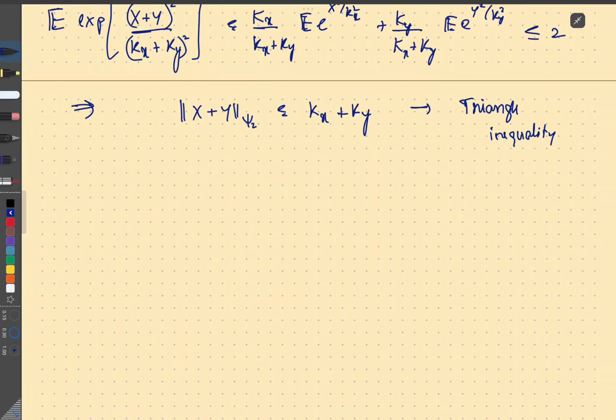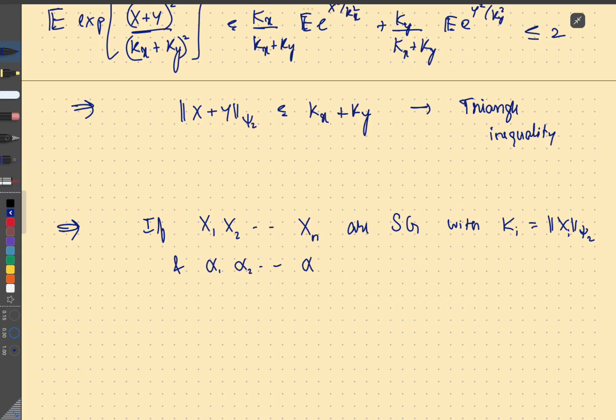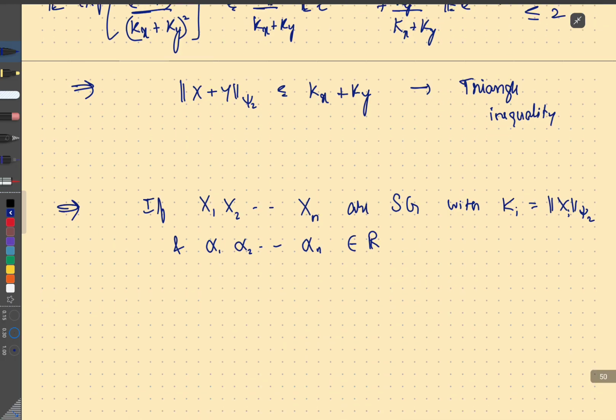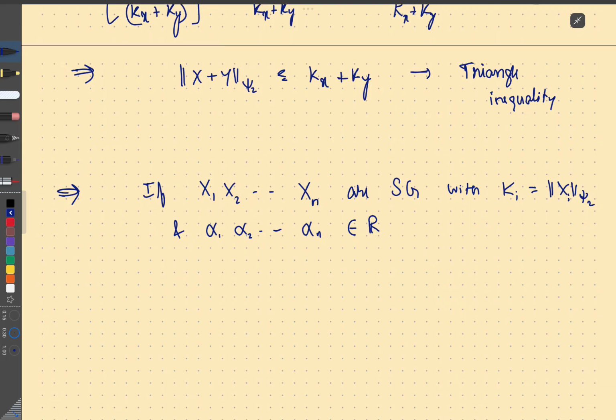So if you combine all of these, then if x1, x2 up to xn are Subgaussian, with, let's say, ki to be the Subgaussian norm of xi, and alpha 1, alpha 2 up to alpha n are real numbers, x1 through xn need not be independent of each other.